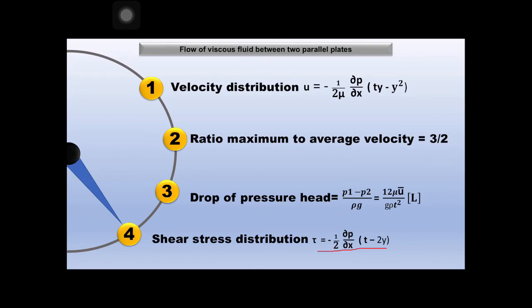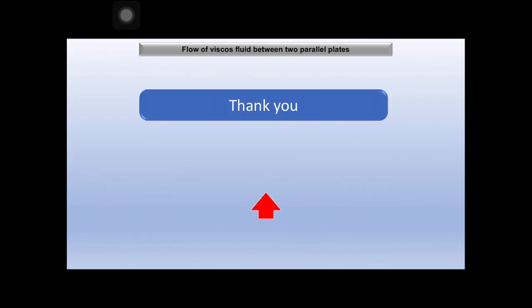So these are the four important equations that we studied while analyzing the flow of viscous fluid between two parallel plates. I hope you enjoyed the video and learned about the scenario of viscous fluid flowing between two parallel plates.